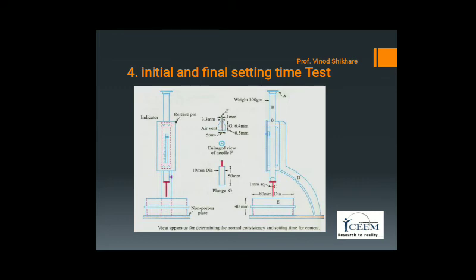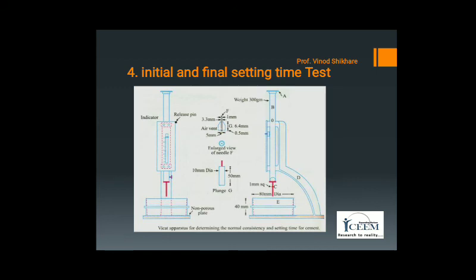The final setting time is determined to find that after laying the cement, concrete or mortar, the hardening should be rapid so that the structure may be put to use as early as possible. For determining the setting time of cement, the Vicat apparatus is used.